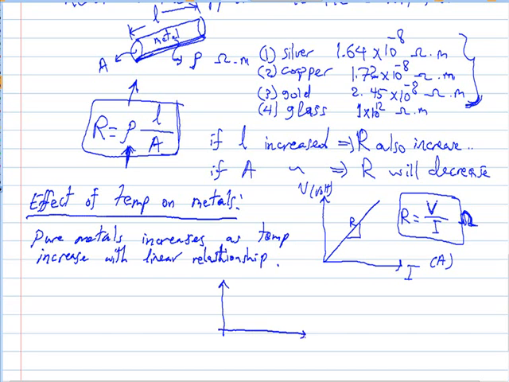If we have a certain element that has a resistance R0 at 0 degrees Celsius, and this axis is the temperature in degrees Celsius, then at 100 degrees Celsius the resistance will rise in this manner.